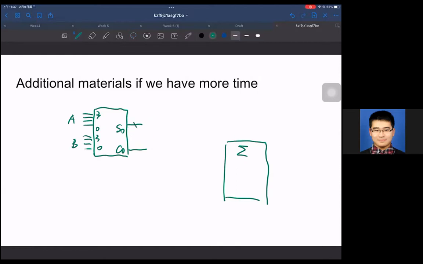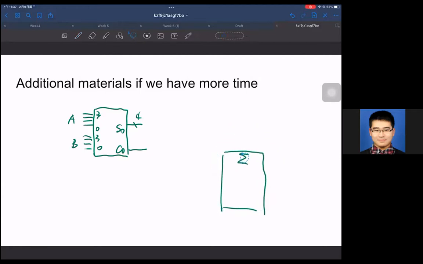For simplicity, I will just make it a plus. So in the second adder, we are trying to do -10, right? So this is what we are doing. But actually, it's an if-else case. So if S0 is not greater than or equal to 10, then what we do is +0. But in other cases, we'll do -10.